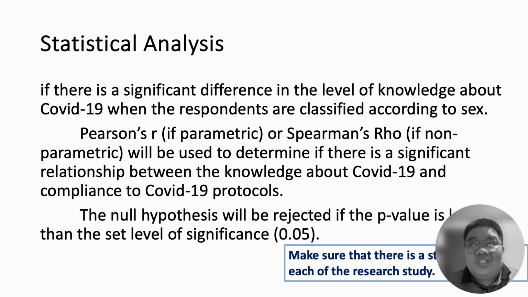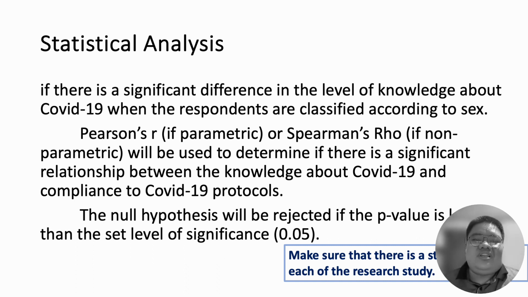So, one thing that you also need to remember is that when you are looking for the appropriate statistical test, you also need to be able to identify the level of measurement of your data, whether it's nominal, ordinal, interval, or ratio. And that will be able to guide you on the proper statistical tool that can be used to analyze your findings.